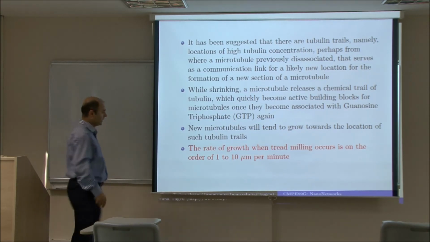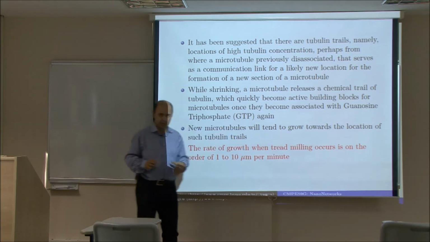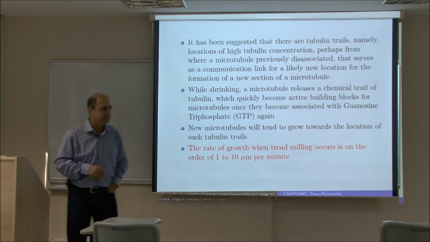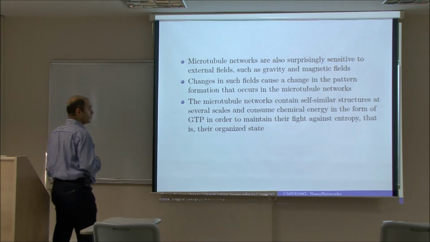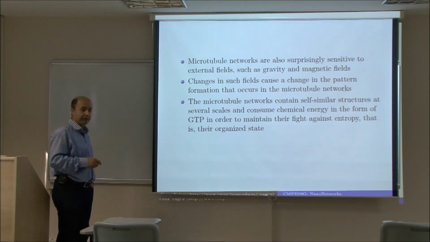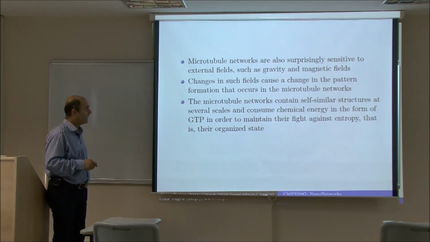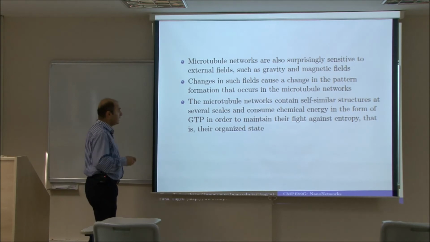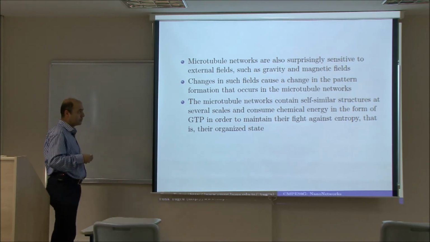Remember again, 10 micrometers is roughly like the diameter of a cell, just to give you an idea. So microtubule networks are very sensitive to external fields, such as gravity and magnetic fields. Changes in such fields have an impact on the formation of the microtubule network.